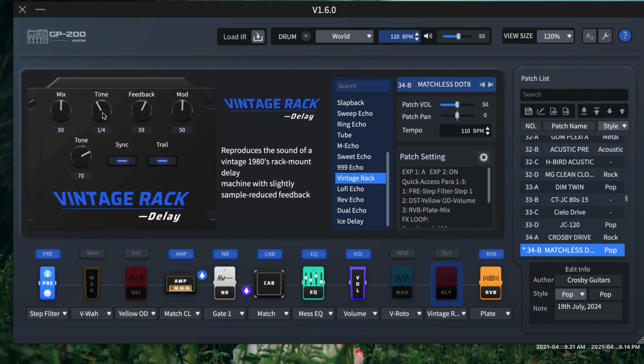So basically, the sync function just allows you to switch between normal time and then music notation time. I think that is the best way I can put it. This is how it sounds like with the dotted notes.